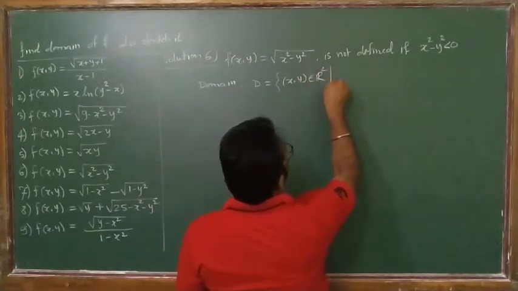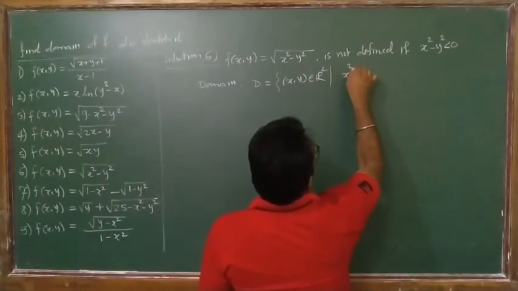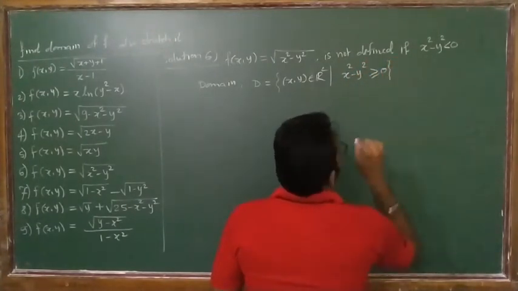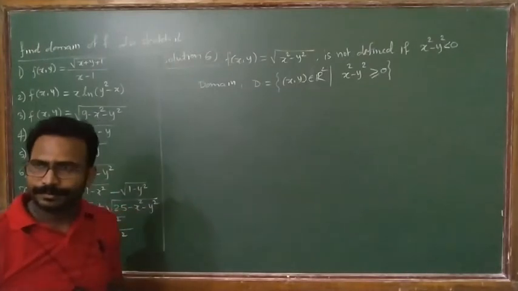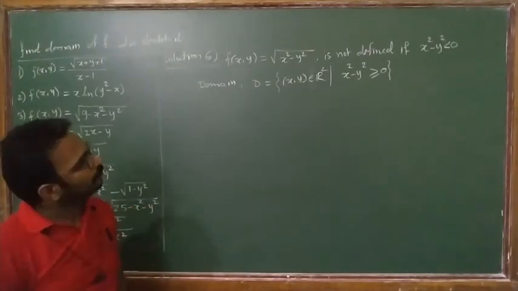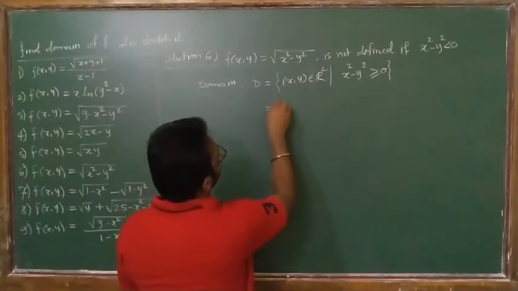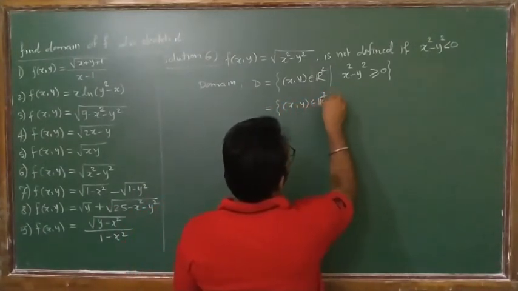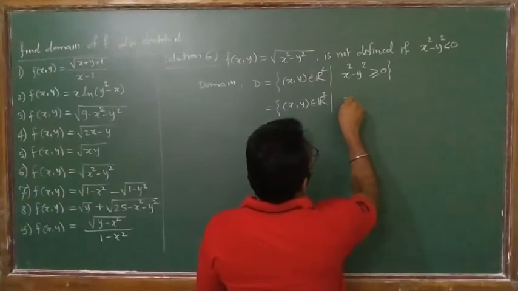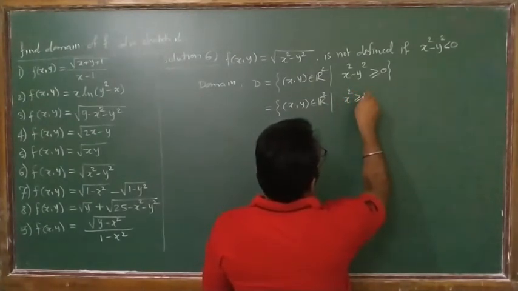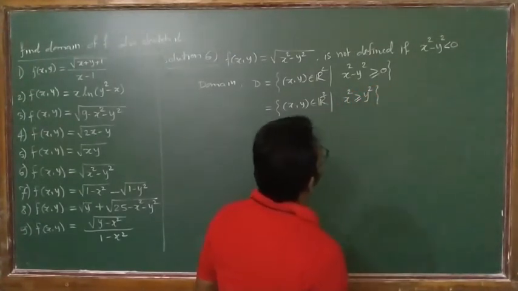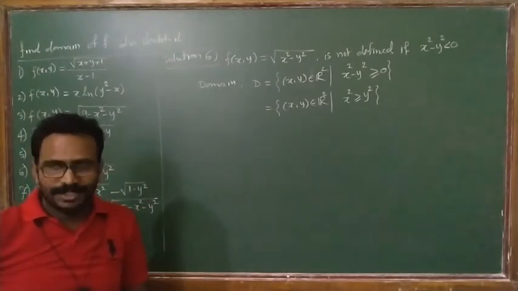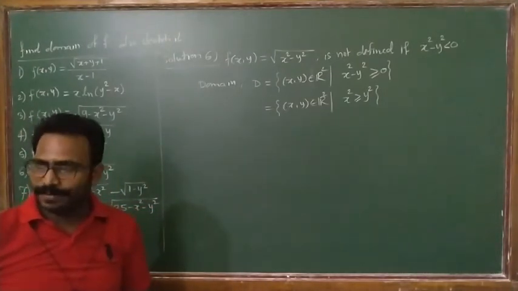So the domain should be those elements of R2 for which the quantity x square minus y square should be greater or equal to 0. Means what? Those elements of R2 for which x square is greater or equal to y square. So what are those points for which x square is greater or equal to y square?